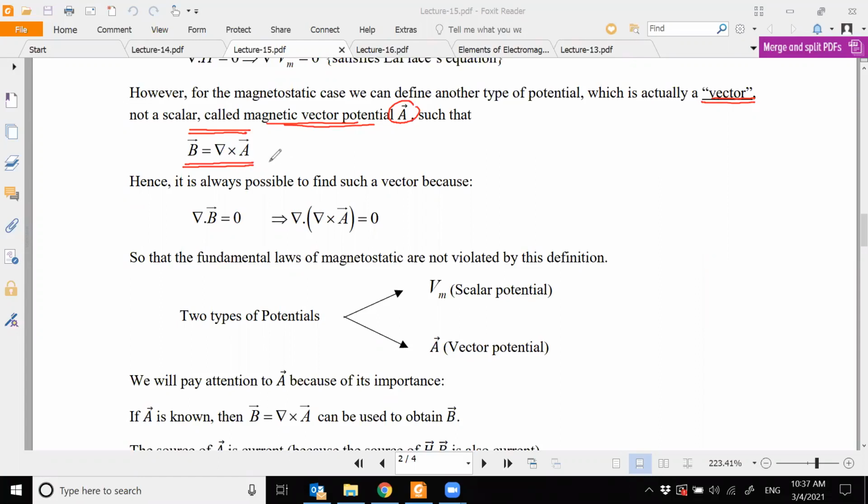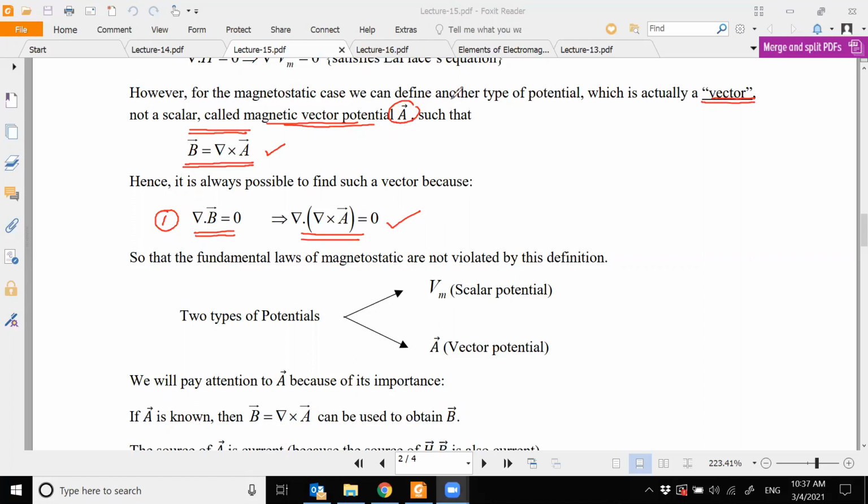So first, we check whether this definition of magnetic vector potential holds. We first apply it to Gauss's law: del dot B bar is equal to 0. Put it here: del dot del cross A bar is equal to 0. The divergence of the curl of a vector field is 0. It's a vector identity. So it is satisfied.